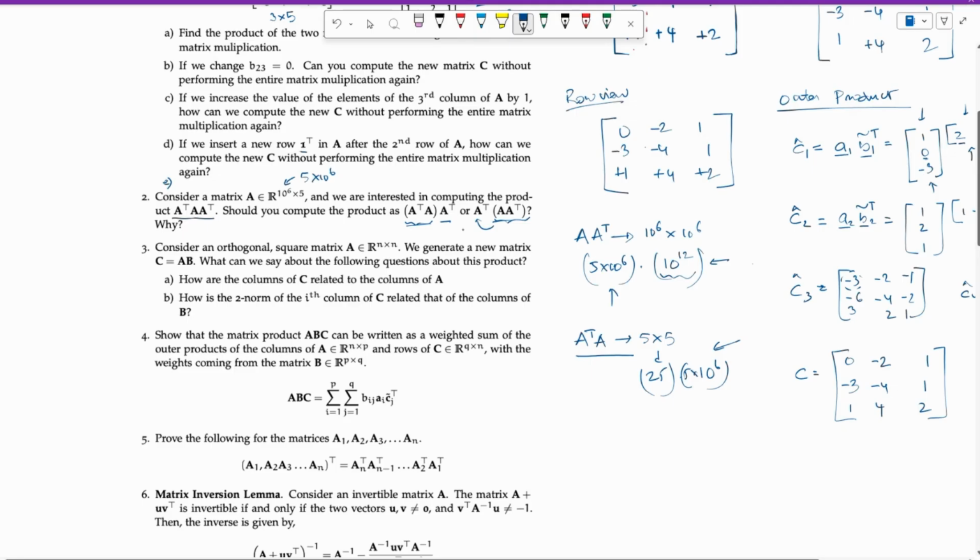Will this change if the order was different? If it was not a million cross 5 matrix, but a 5 cross million matrix, will the order be the same, or will your answer be different now? If instead of being million cross 5, what if this was 5 cross million? Well, if it's 5 cross million, you still have to verify if you can still do A transpose A transpose.